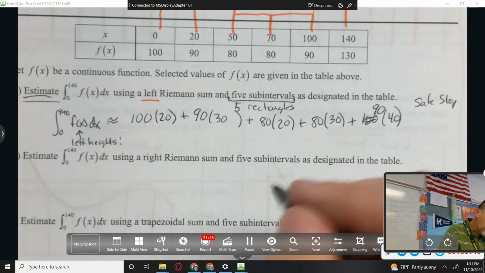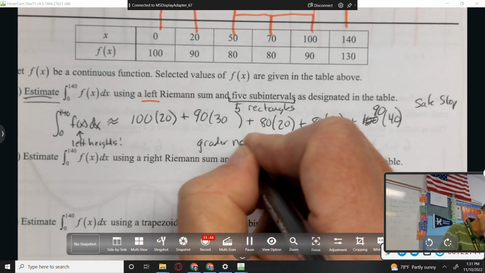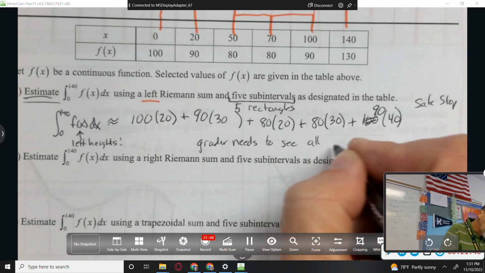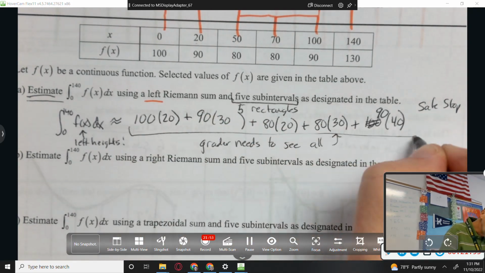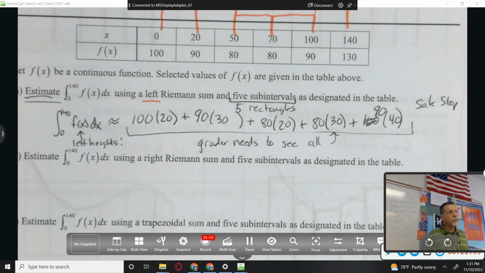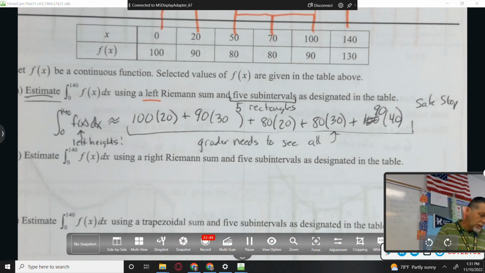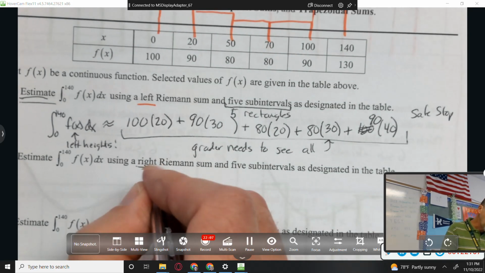So the grader needs to see all of that stuff. So don't shortcut it so much that you jump straight to the answer, because they don't know where that came from. Make sure you show it. All right, estimate using a right Riemann sum.